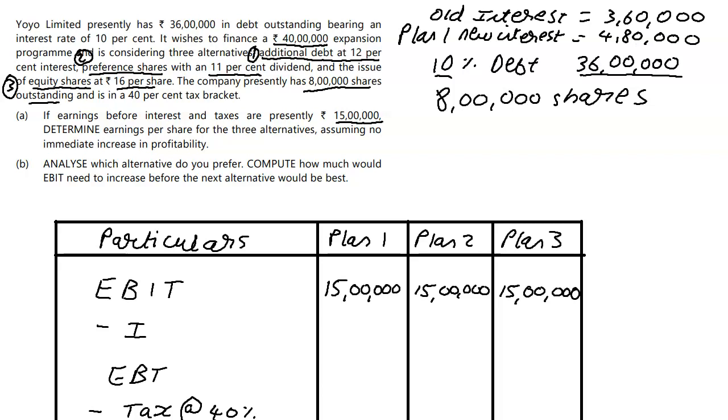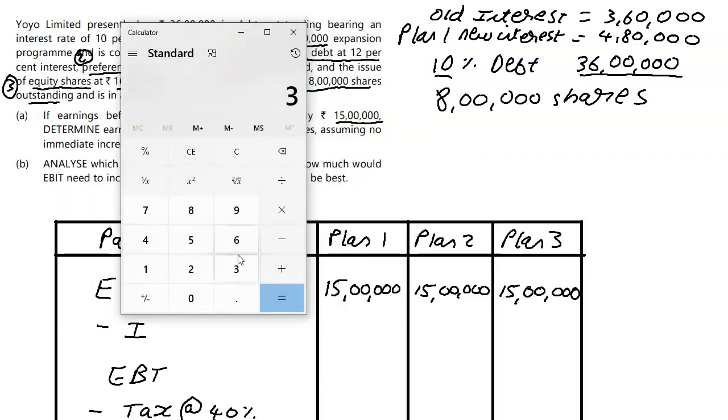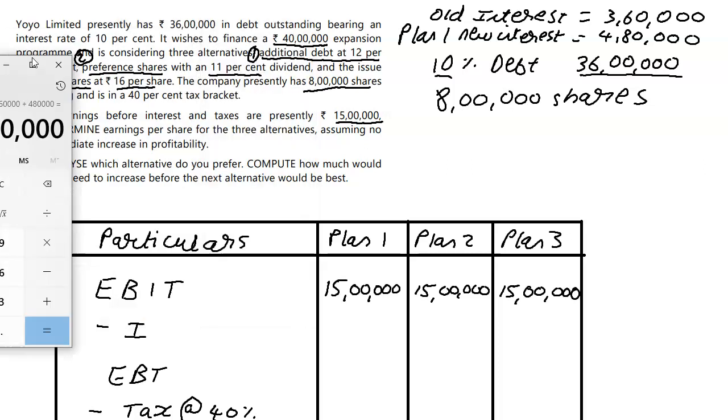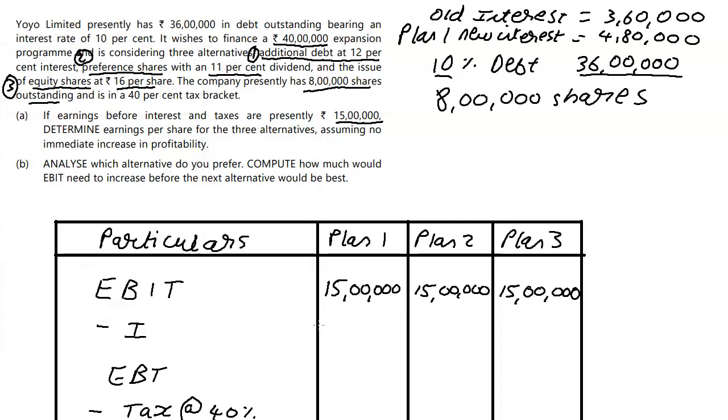We will take 3,60,000, add 4,80,000, and get 8,40,000 only for plan 1. What about the rest? For everybody else, it remains 3,60,000, because we are not issuing debt in plan 2, we are issuing preference shares.